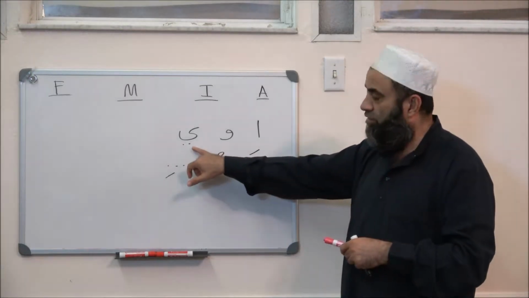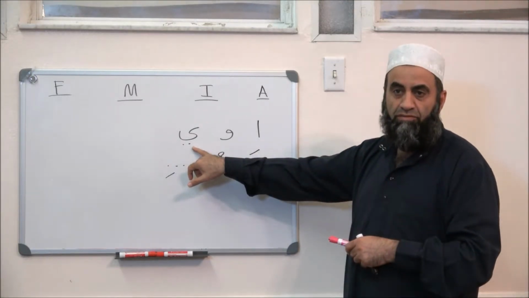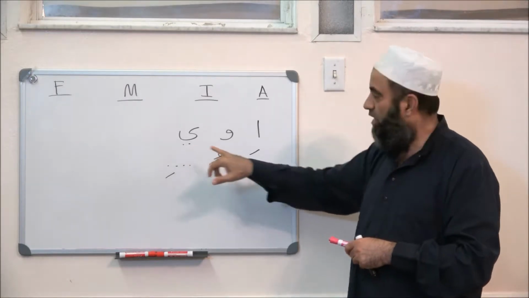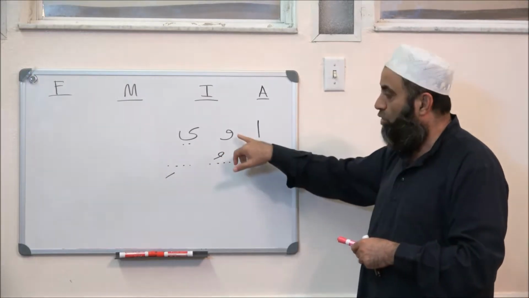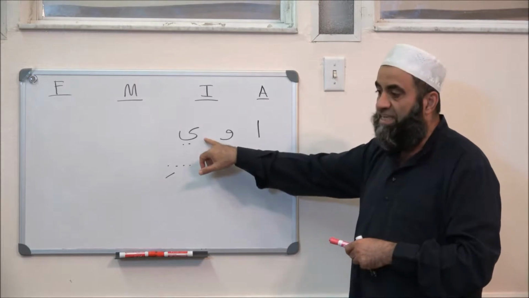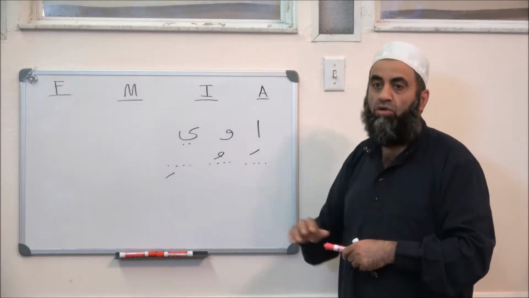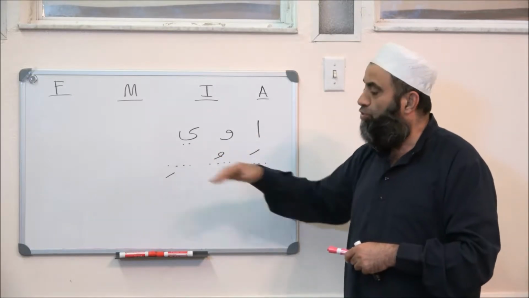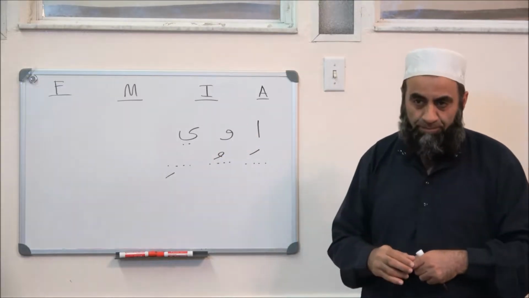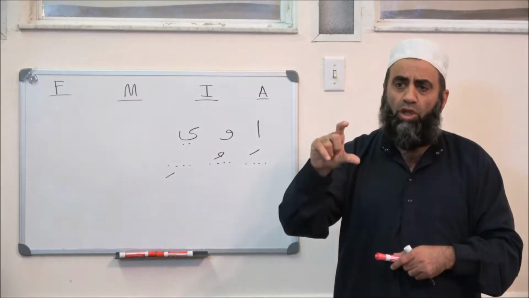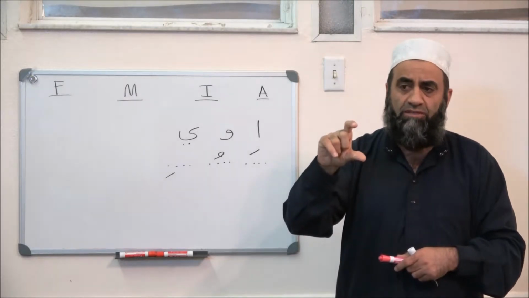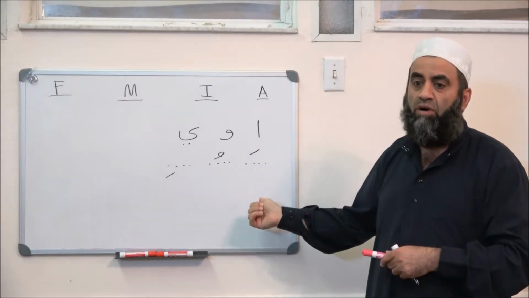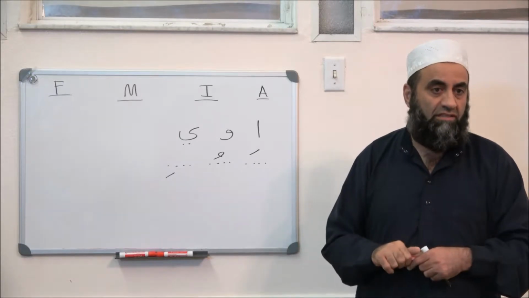These are the letters of the Arabic alphabet. So A, U, E, E. And we said also that the general rule is that according to the speed of speech, whatever the long vowel sound, the prolongation, then the short vowel would sound half of that.